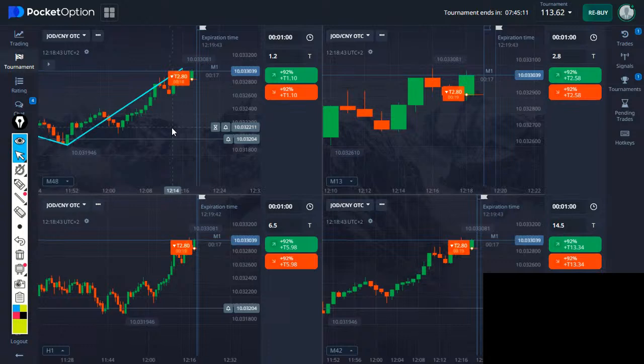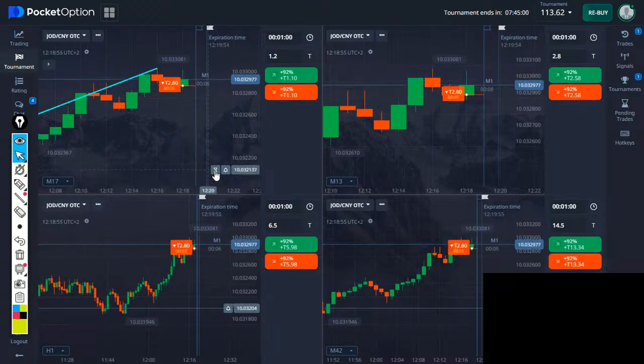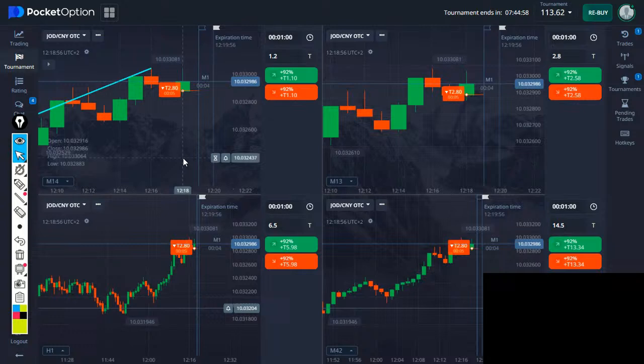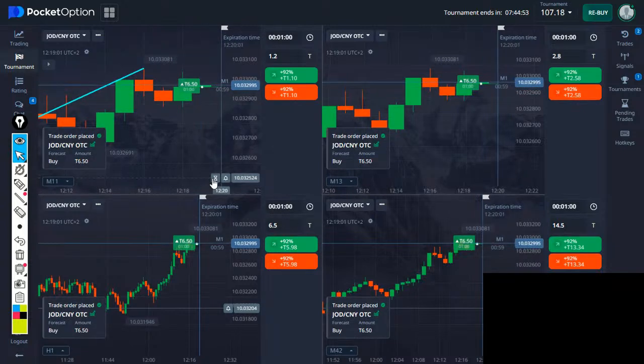It's gonna be a loss. Okay, I'll go for a buy on this one.